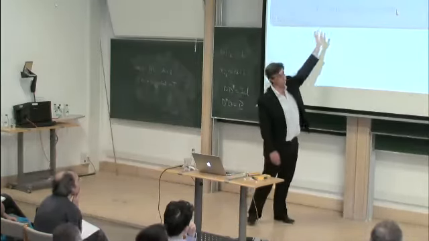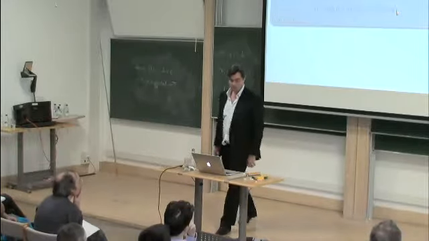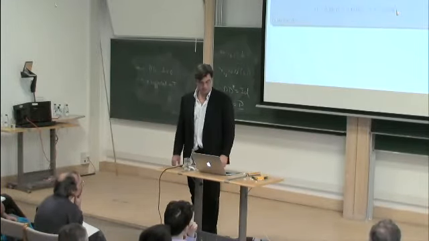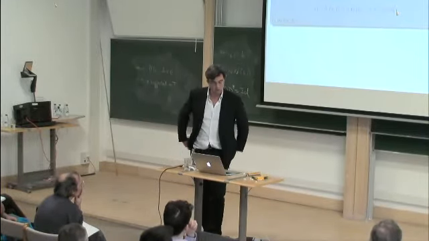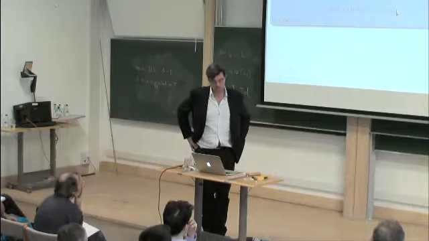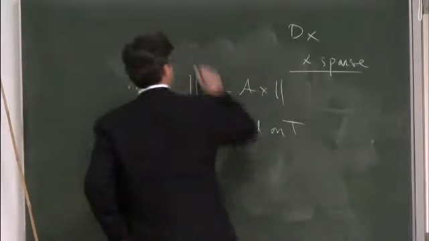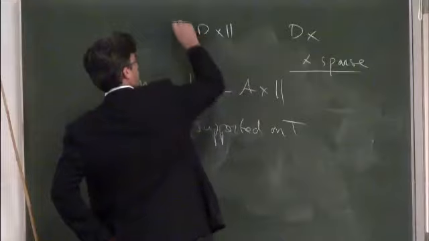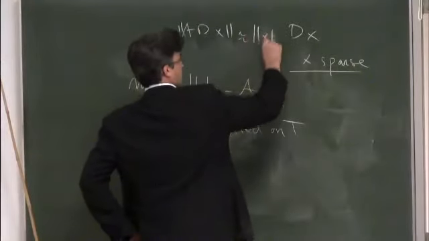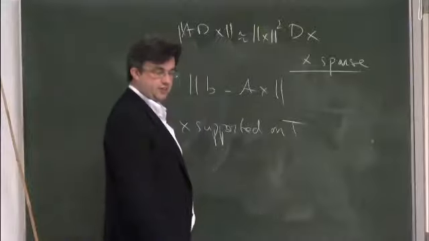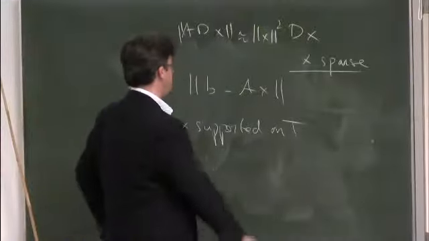obeys this restricted isometry property, which is a very natural extension of the restricted isometry property. So I look at the union of all subspaces spanned by all subsets of S columns of D, right? So that is for all vectors of the form Dx, where x is S sparse, and there's no way I can get A Dx to be this. This is not possible because of correlations in the columns of D, but that's not what I'm asking.